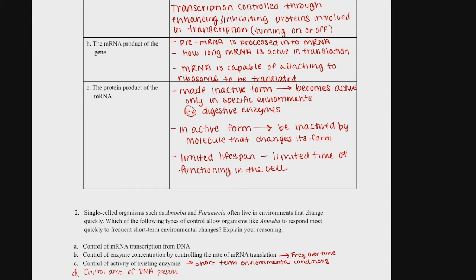And I saved A and D for last just to talk about them a bit more, because of the control of mRNA transcription from DNA, if you don't already have the machinery. So B and C are talking about mRNA already existing, or these enzymes made of proteins already existing. They're already out there and they can change really fast.